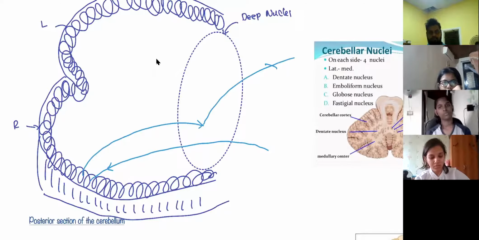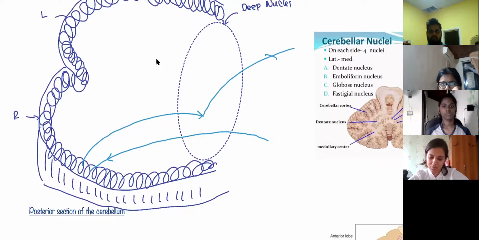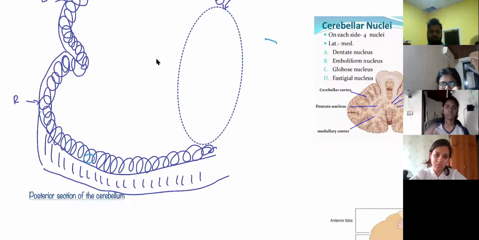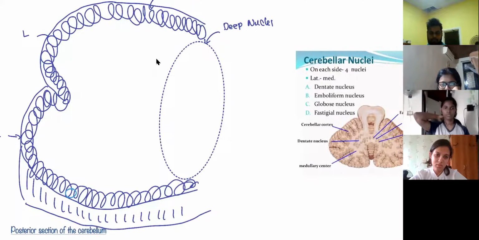This is the normal pathway. In this region you have the white matter, the axons, while the gray matter, the cell bodies of the nuclei, will be here and here. I hope you guys understand that. That's how the fibers travel to the cerebellum.